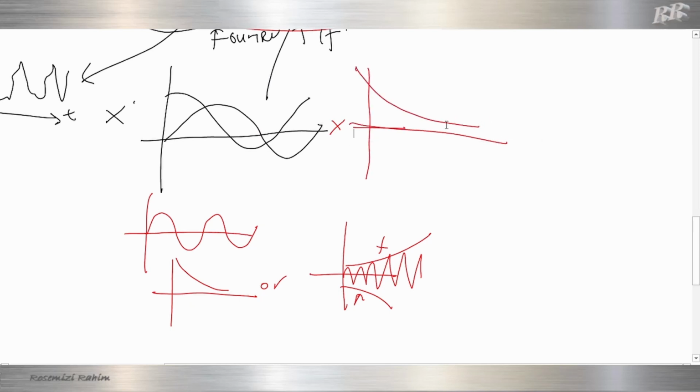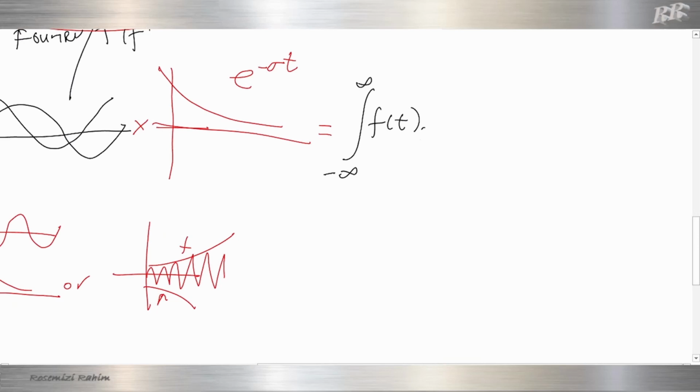Let's say this term is e^(-sigma t). So what we get is the integral from minus infinity to infinity of f(t) times e^(-j omega t) times e^(-sigma t) dt.